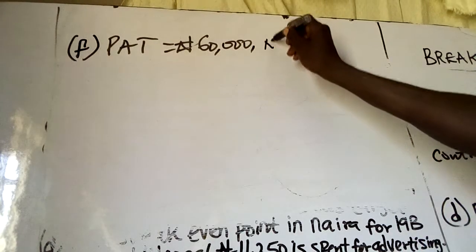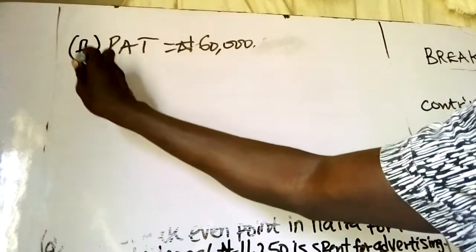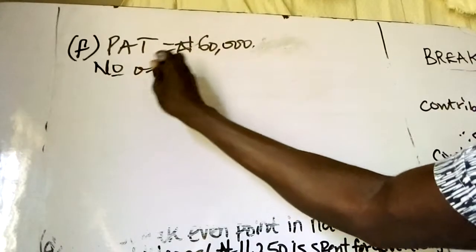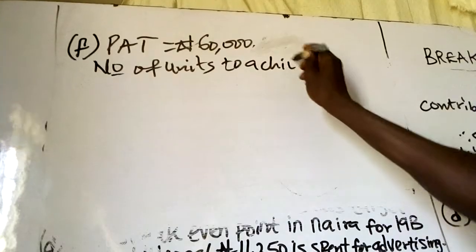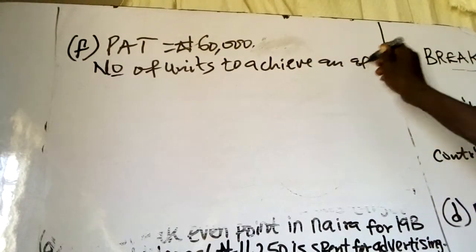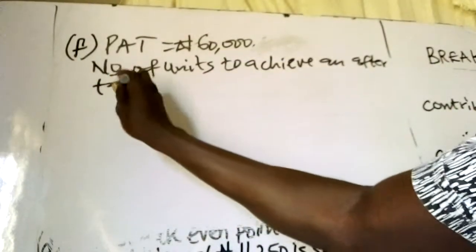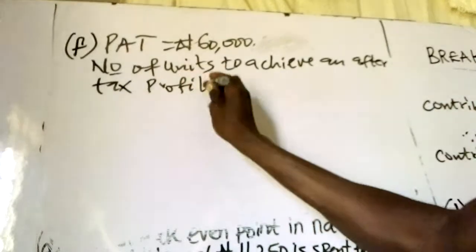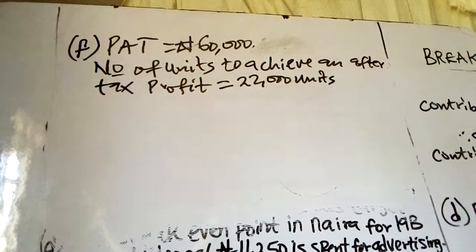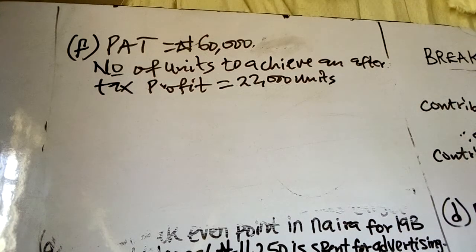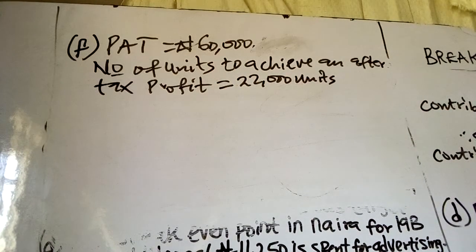The number of units to achieve an after-tax profit is given to be 22,000 units. That is, you want to sell 22,000 units in order to achieve the profit after tax of 60,000.